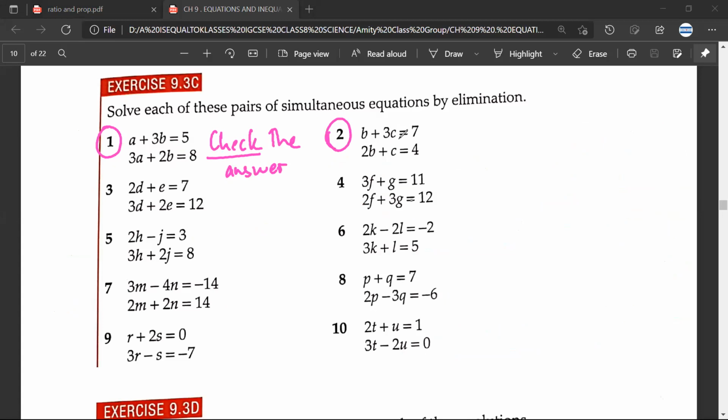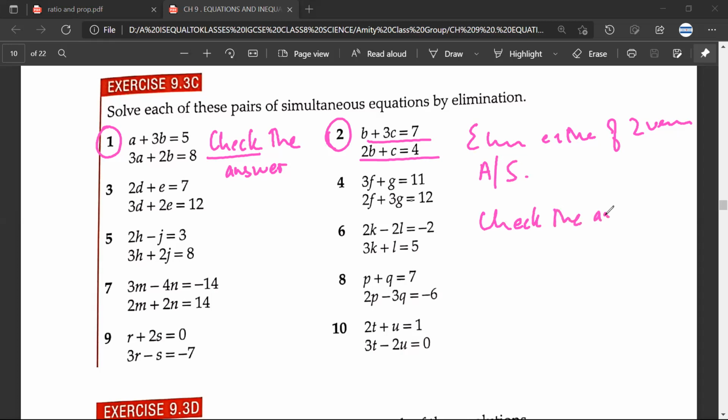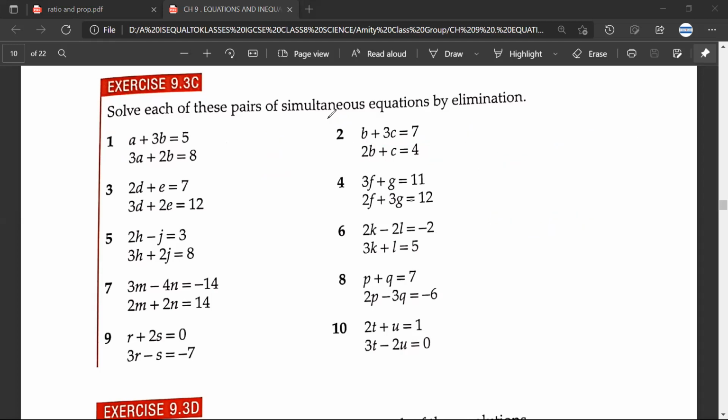Second question, you can eliminate either of the two variables, and you can either use addition or subtraction. I don't mind. But whatever final answer that you get, you'll have to check the answer. Mr. Aryaman, any doubt? No doubt, sir. So we need to solve all the 10 questions.